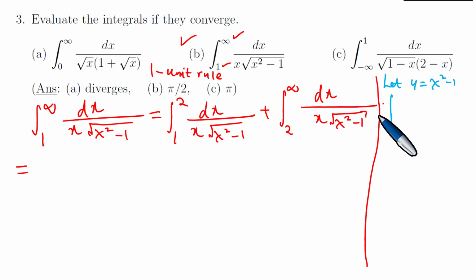Let's first find dx. So du is equal to what? 2x dx. It is 2x dx.